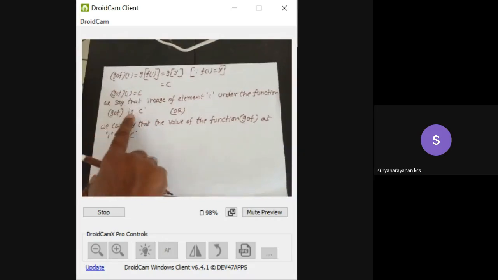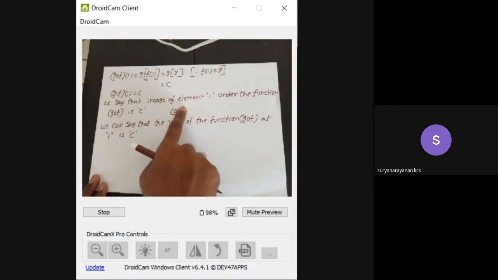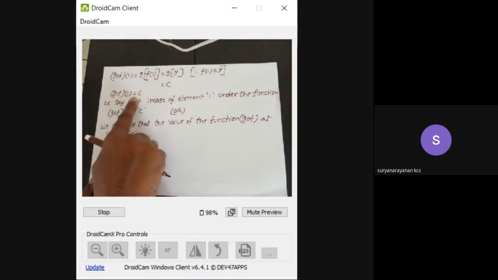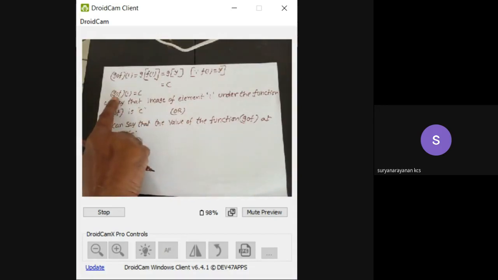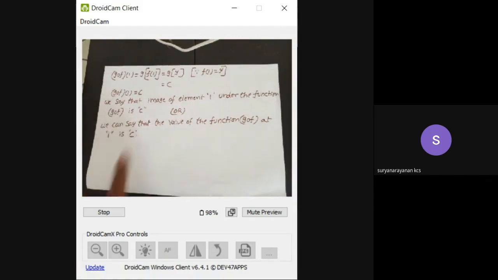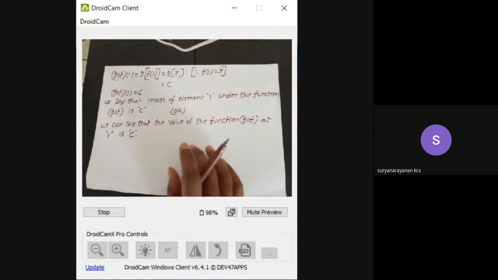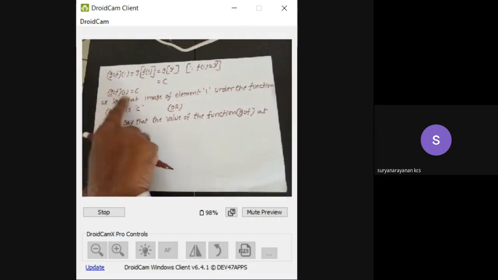Otherwise, we can take the meaning of that line as the value of the function G circle f at 1 is C. Understood the meaning of this line, my dear children? Yes, sir.